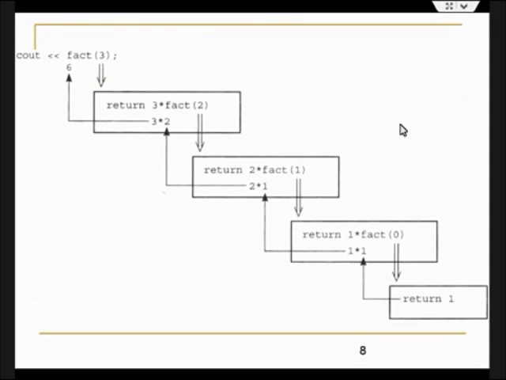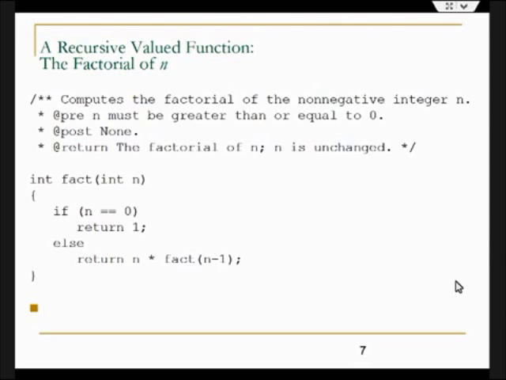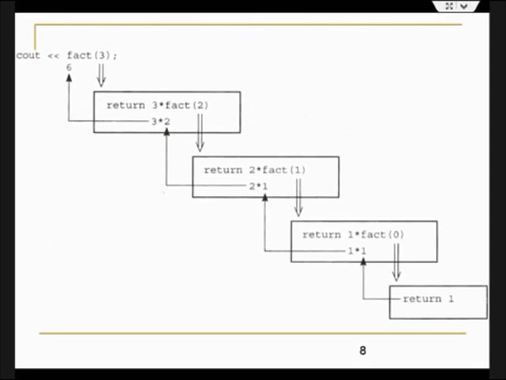So what happens here? If I run the program and say I'm going to calculate the factorial of 3, it's going to look here and say, oh, n is not 0, so I'm going to return n times factorial of n minus 1. So it's going to call factorial of 2, which is going to call 2 times factorial of 1.